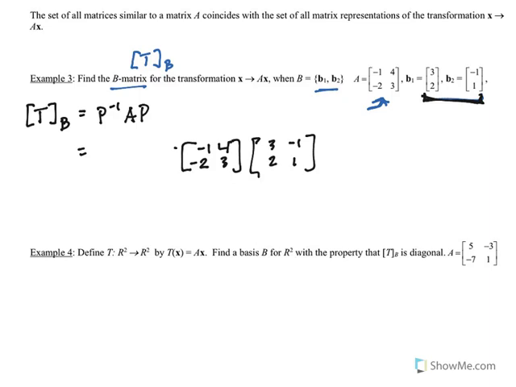I see that the determinant is 3 plus 2, so it's going to be 1/5. And then I've got to do some switching and negating. Multiplying all of these things together will give me the transformation matrix in the basis B.